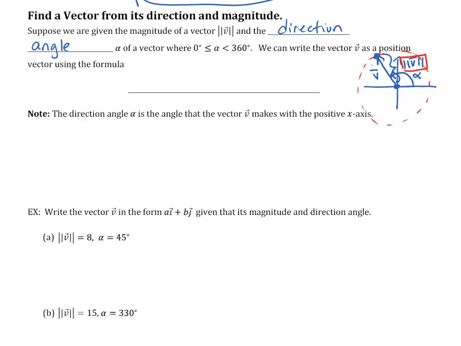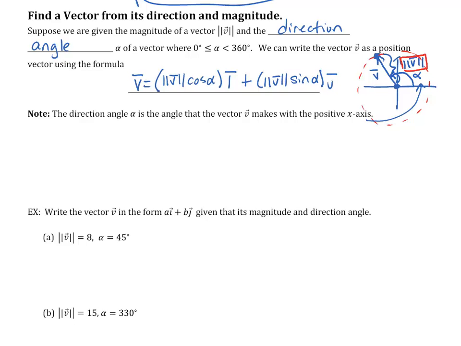So now, based on that, we would say vector v is the magnitude of v times cosine of alpha in the x direction plus the magnitude of v times sine of alpha in the y direction. And the direction angle alpha is that angle that vector v makes with the positive axis. That's where we got what was drawn right here.